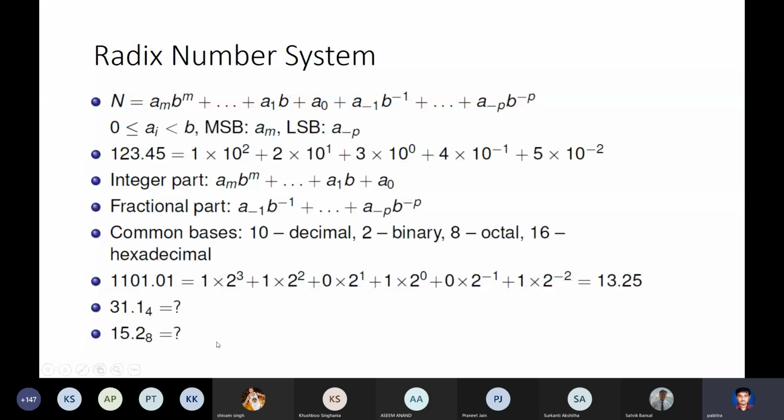Among these, the binary number system is what we will adopt in any digital system, because you have only 2 digits, 0 and 1. Note that these bases are implicit. So if you want to represent a number, you just need to represent the digits. The base is implicit in the representation rule, which is nothing but this radix system: a_m into b to the power m plus a_(m-1) into b to the power m minus 1, and so on.